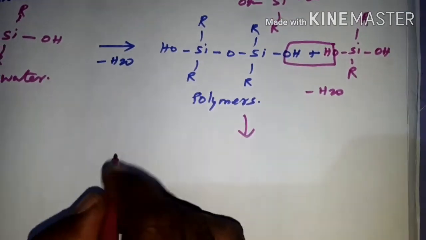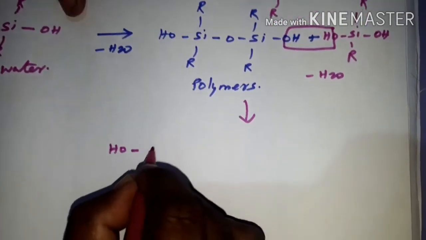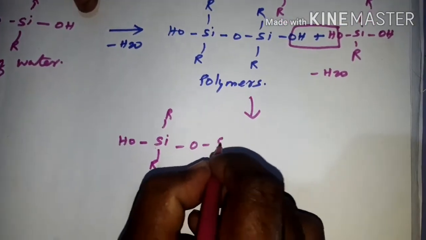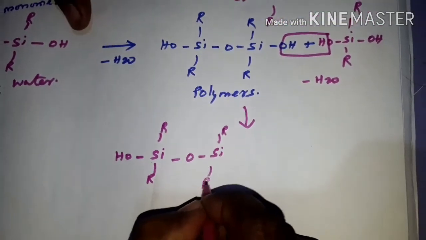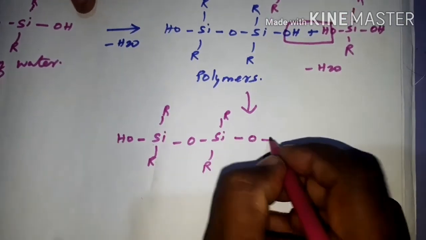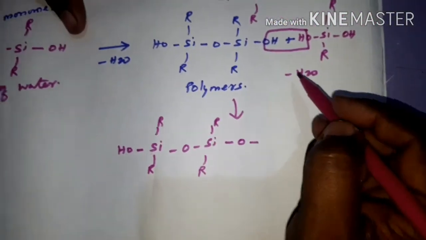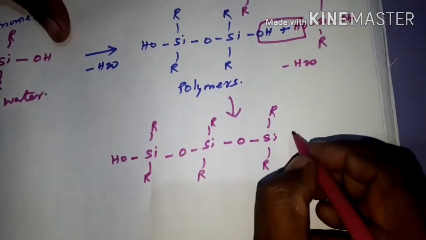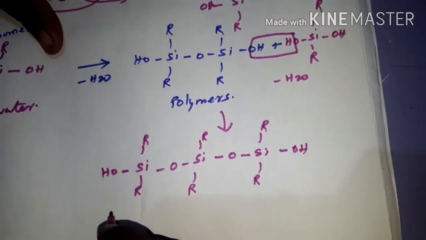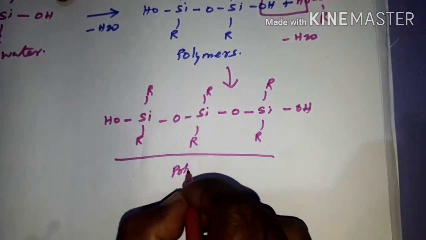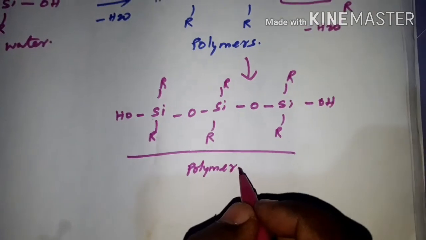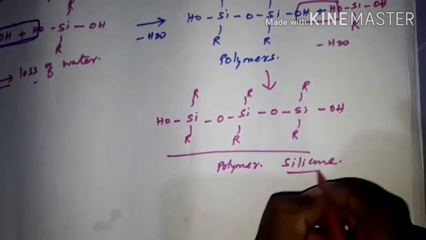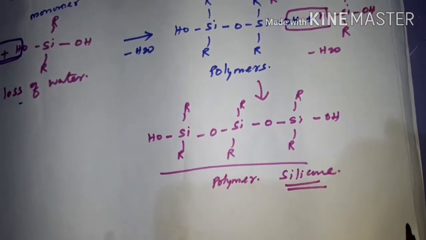We are getting the product HO Si R R O Si R, also here O, because the water molecule was lost here. So Si R R, then OH. So this is the polymer, the structure of the polymer of silicone. So this is called silicone. Hope you understood the reaction.